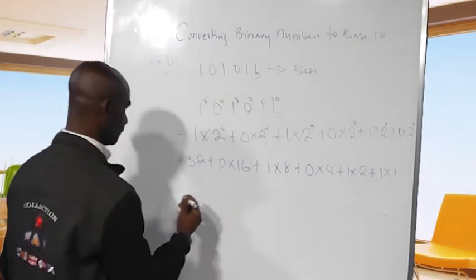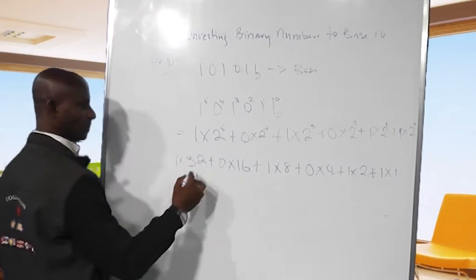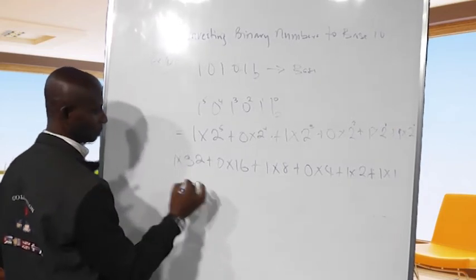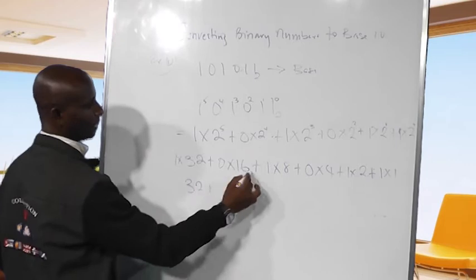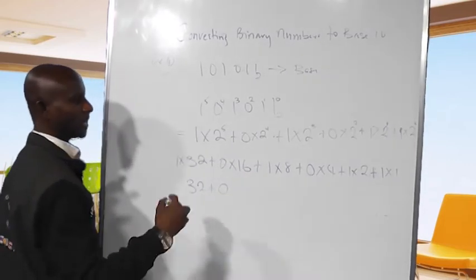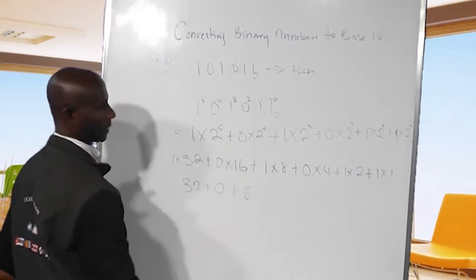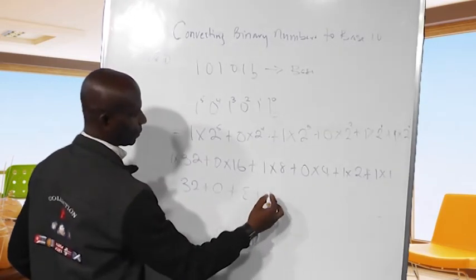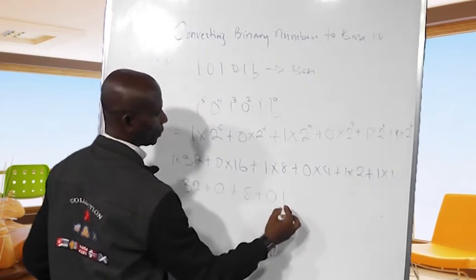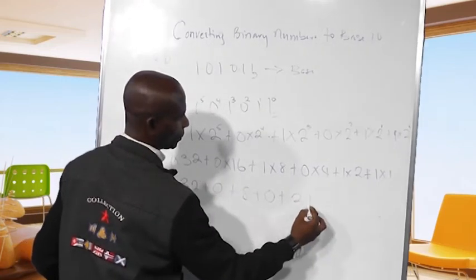So let's continue here. 1 times 32 is 32, plus 0 times 16 is 0. Anything multiplied by 0 is 0. 1 times 8 is 8. 0 times 4 is 0. 1 times 2 is 2. And 1 times 1 is 1.